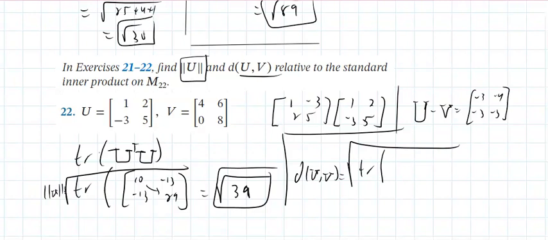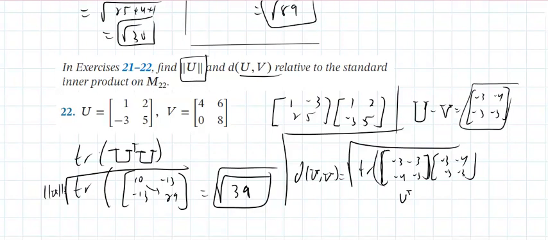Let me see how this works. -3, -3, -4, -3, -3. So that transpose, right? The transpose of that. Okay, and what is that?